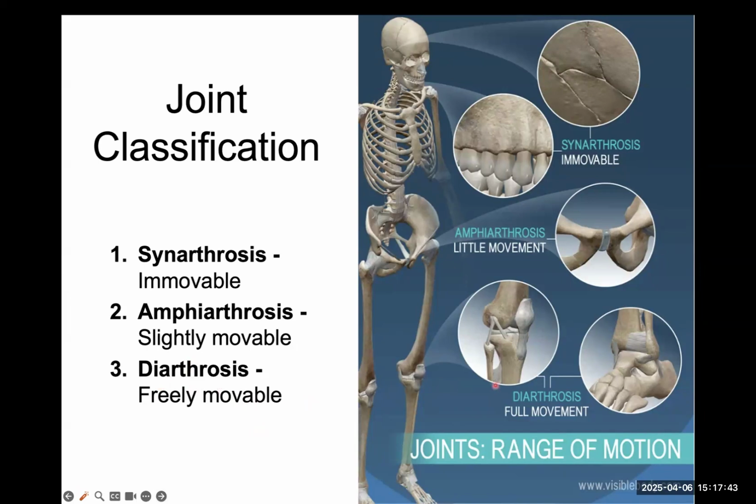In your knee, you've got this bone down here, which is your tibia, and then your upper leg bone, and they're held together with the ACL, the very famous anterior cruciate ligament. Those are freely movable because they are two separate bones connected through the middle using a ligament.